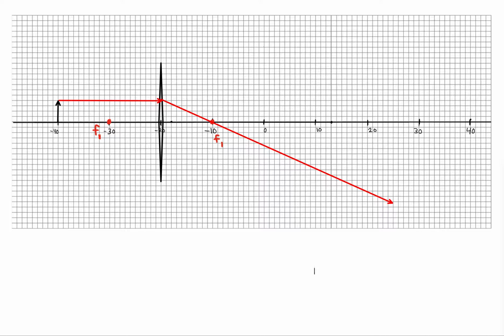There will be another ray that's important that goes through the center of our lens. Okay, so our image is going to get constructed right about here.